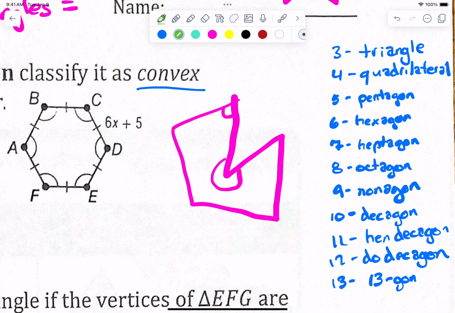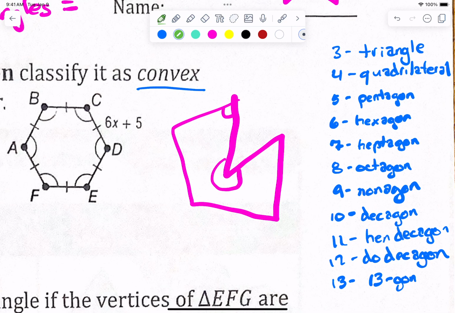Wait, what? Dodecahedron. That's a dodecagon. Dodecahedron is a 12-sided 3D shape. Why didn't they just call it a decagon? That's crazy. Where's the one for a 2-sided?